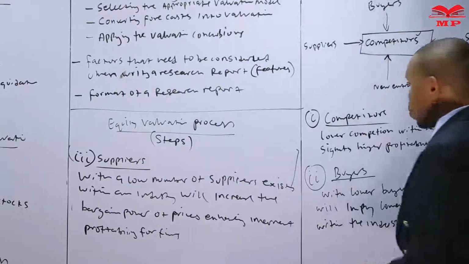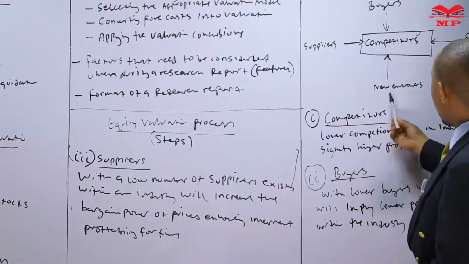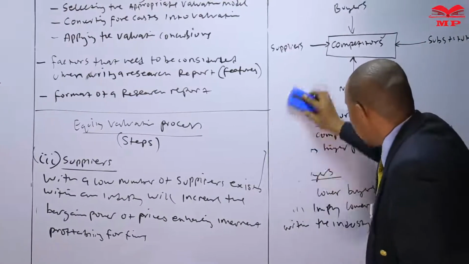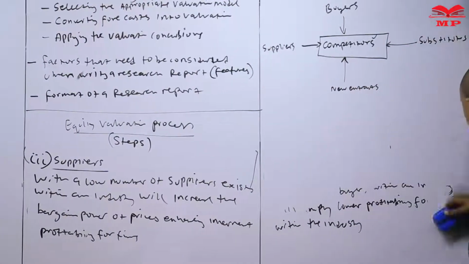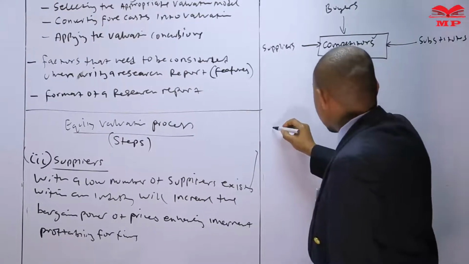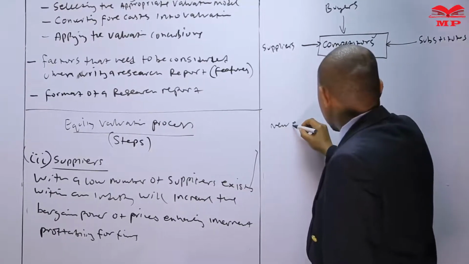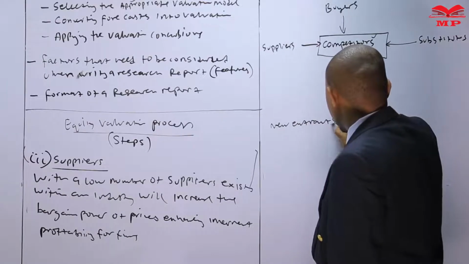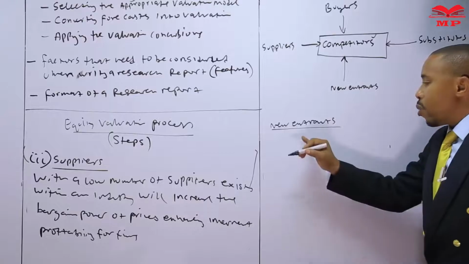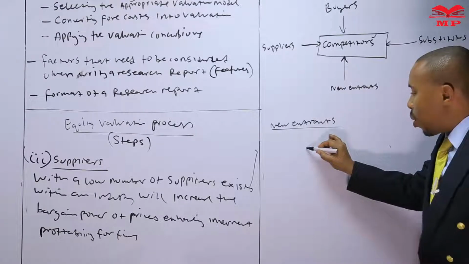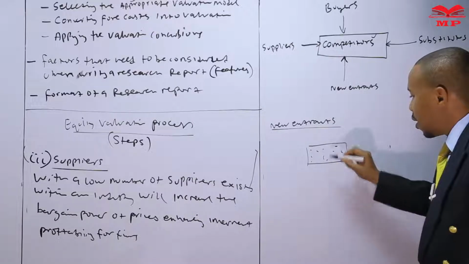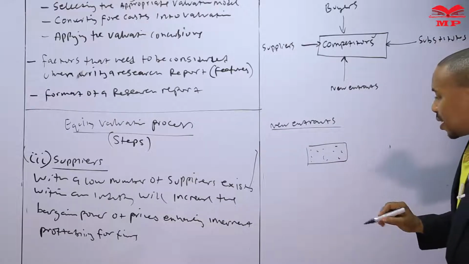Now we can continue and look at new entrants. I can wrap this, or I can maybe just move down over here. The new entrants. Here we are referring to the ability to enter a given industry like this. Now these are the existing players within the industry.